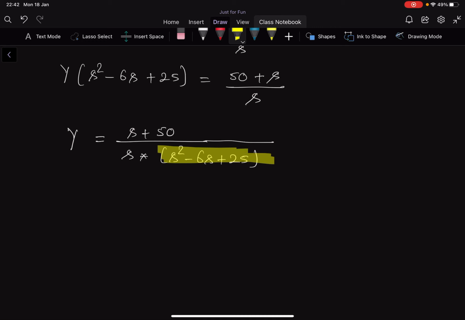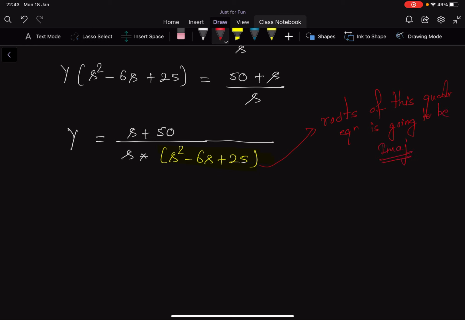This expression here, this quadratic equation, is going to give us the roots. If you check in a calculator, we are going to do that in a minute, the roots of this quadratic equation are going to be imaginary. I will show you what I'm talking about.